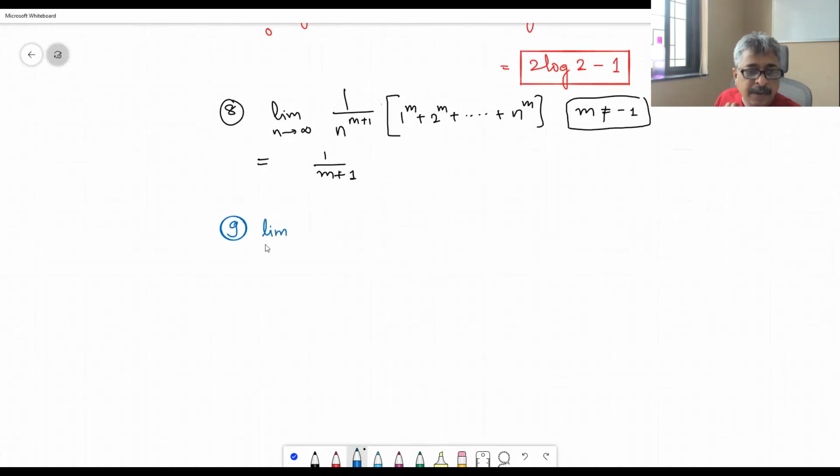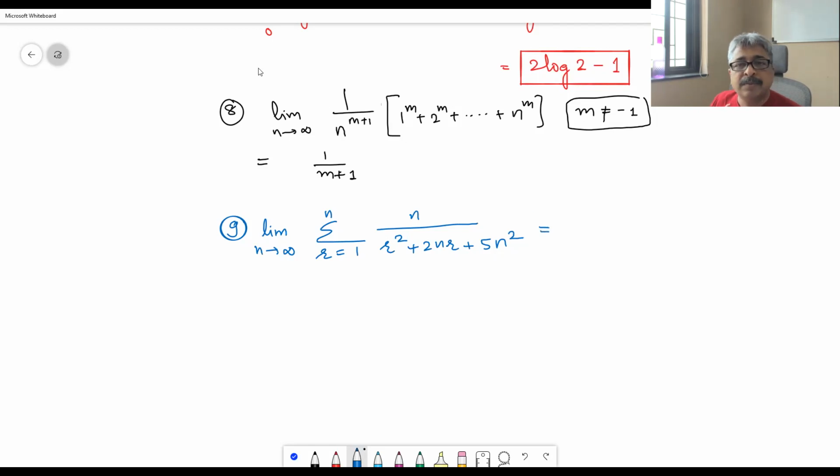Limit n tends to infinity, sigma r goes from 1 to n upon r square plus 2nr plus 5n square is equal to, how do you adjust this?